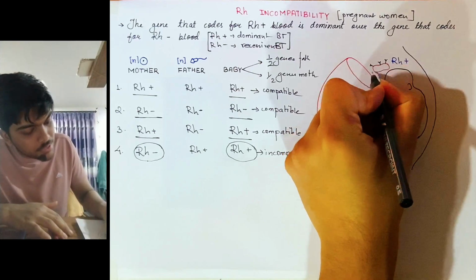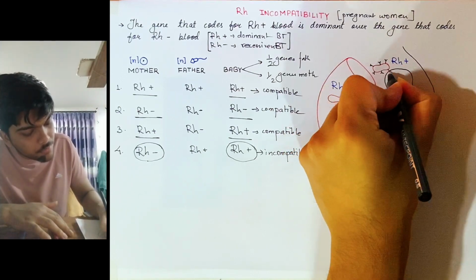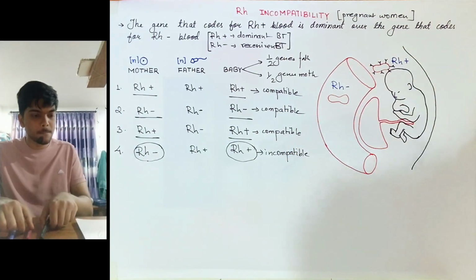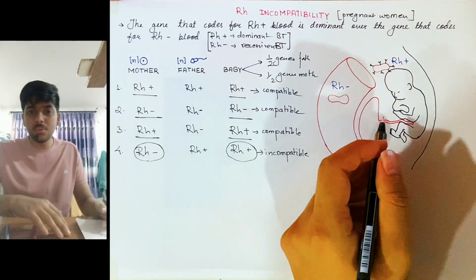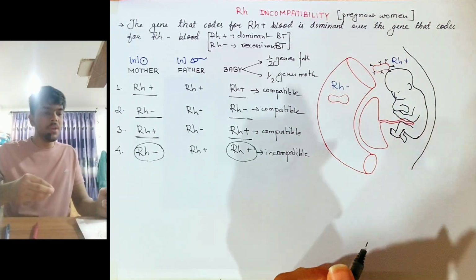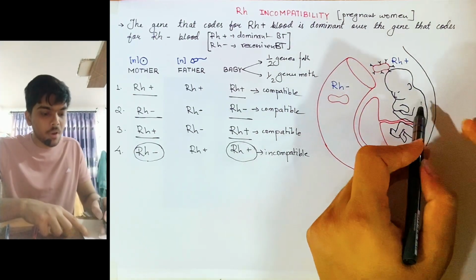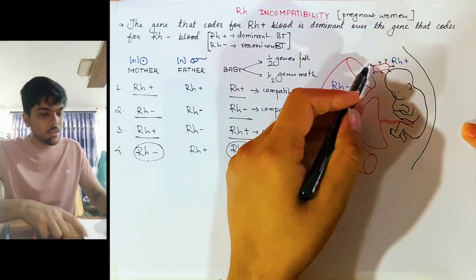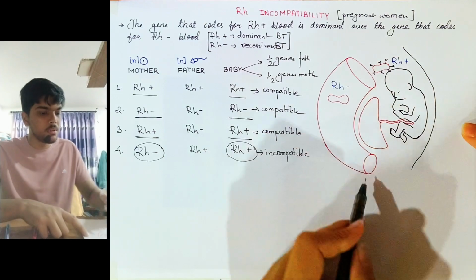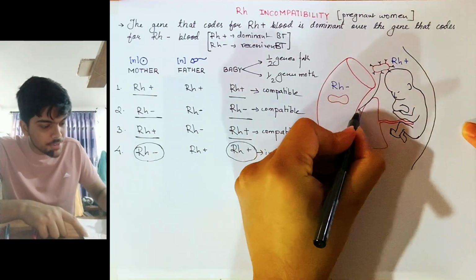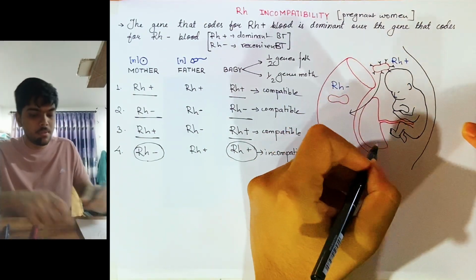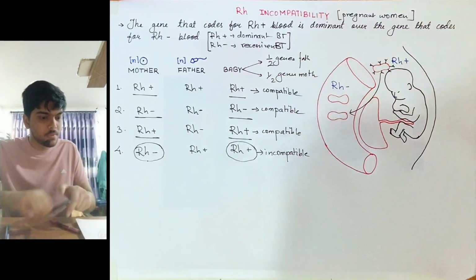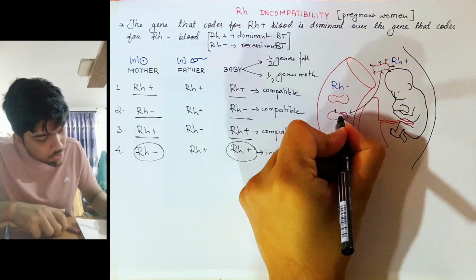These are Rh antigens present on the surface of the red blood cell of the baby with Rh positive blood type. Let's suppose, maybe during delivery or due to injury, somehow the blood of the baby mixes with the blood of the pregnant woman or the mother. So this cell enters the blood of the mother. So here's the blood of the baby with Rh antigen on the surface.